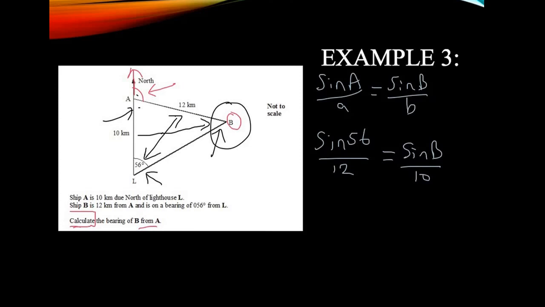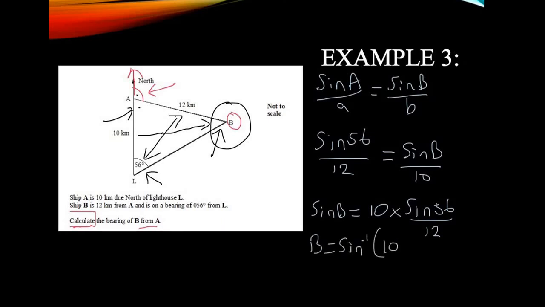Rearrange this and I get that sine B equals 10 multiplied by sine 56 over 12, and B therefore would be sine to the minus 1 of this information, 10 times sine 56 over 12. I'll do that on my calculator and I get 43.7 degrees.